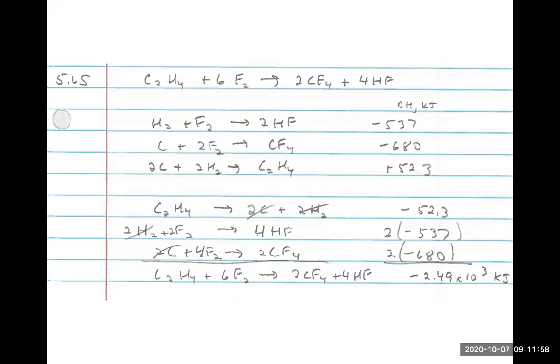So in this case, we have our reaction written on top, C2H4 plus 6F2 going to 2CF4 plus 4HF. What we can do is look up some of the reaction steps that occur along the way. And that's what we have on these next ones.